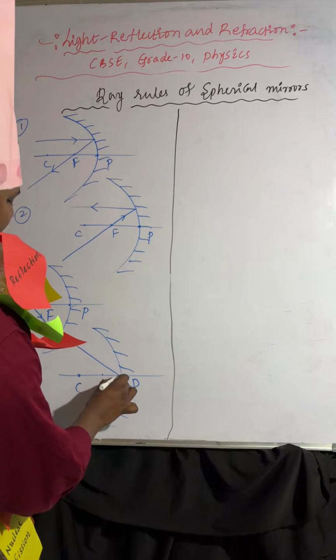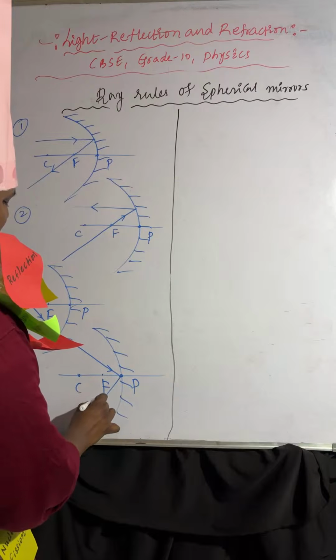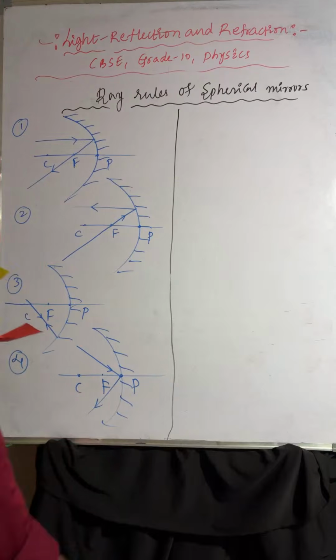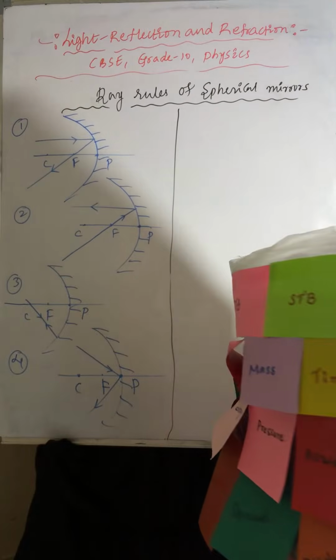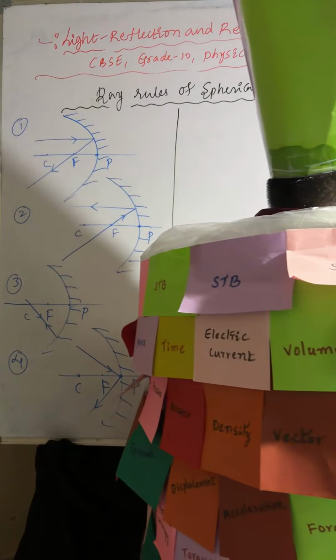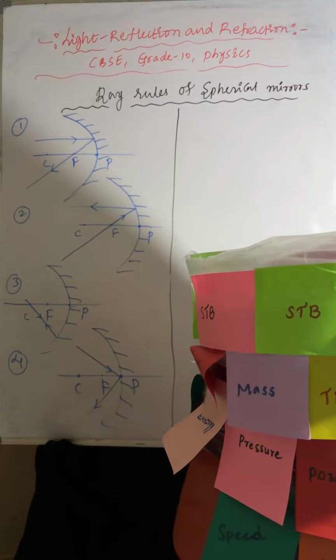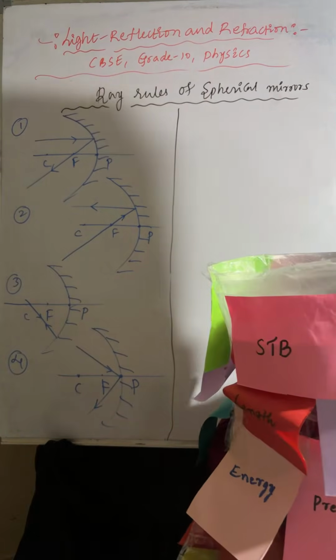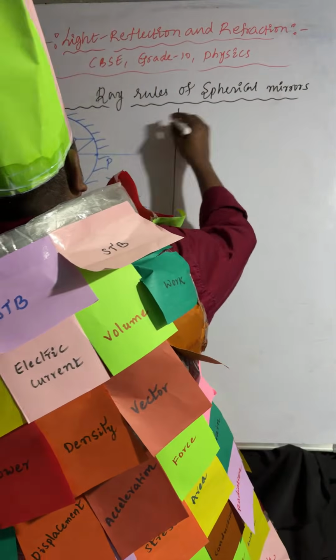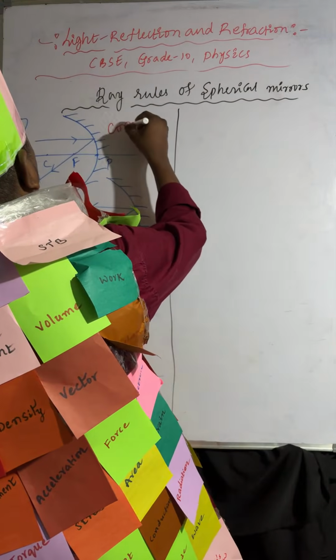A light ray passing through the center of curvature retraces its original path. Coming to the fourth one: a light ray incident at the pole moves in the same direction after reflection. So this is the concave mirror.